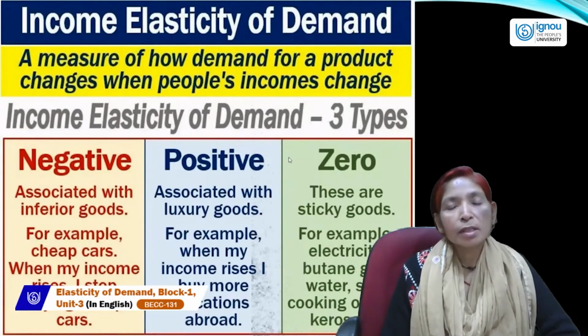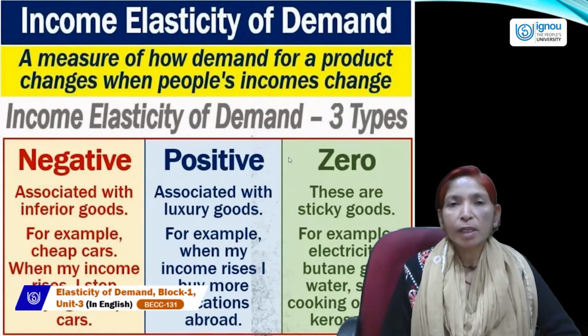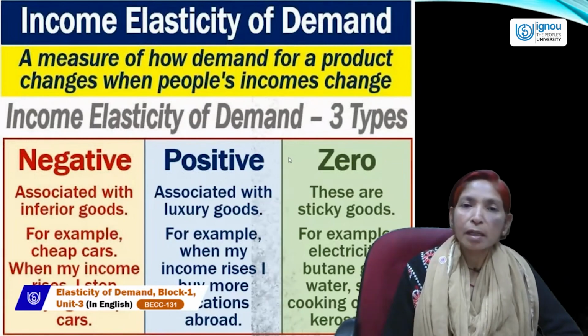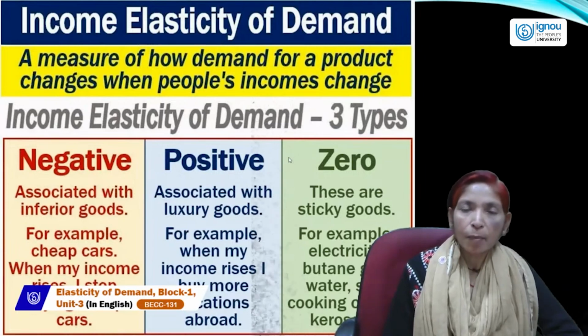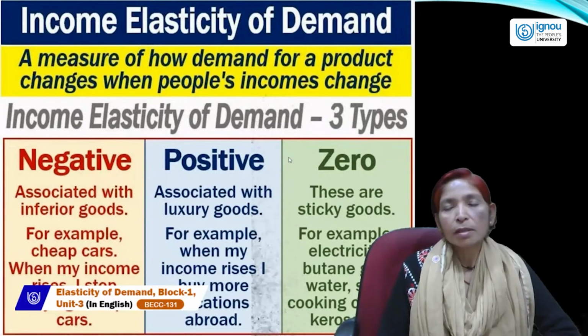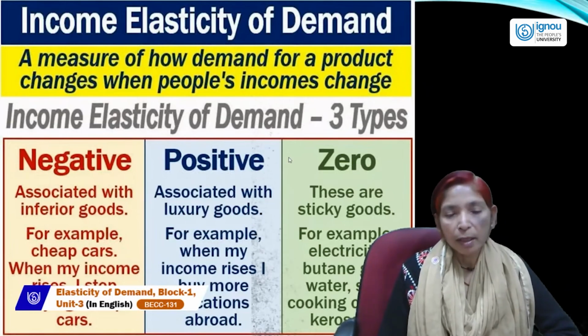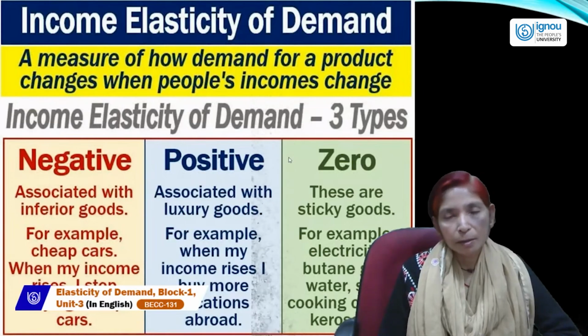Second is positive income elasticity. When will demand be positively income elastic? When demand increases by the same proportion as income rises, demand for normal goods rises. If income falls, demand for normal goods falls. That is called positive income elasticity of demand.